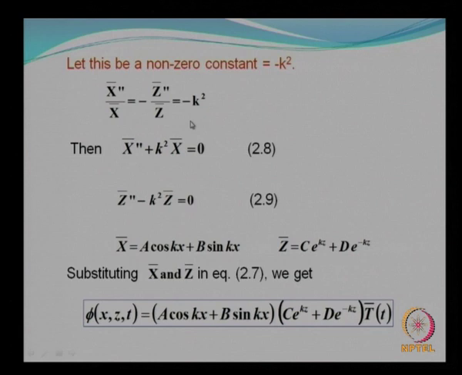When I do that, equal to minus k square, then I can write down, as shown here, an equation in terms of x and an equation in terms of z.